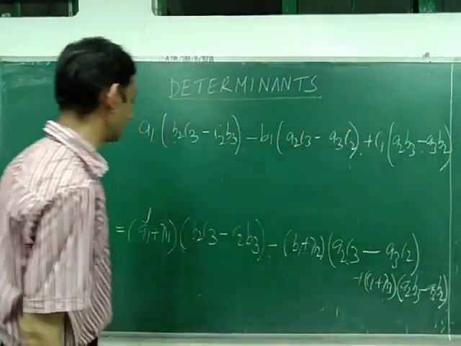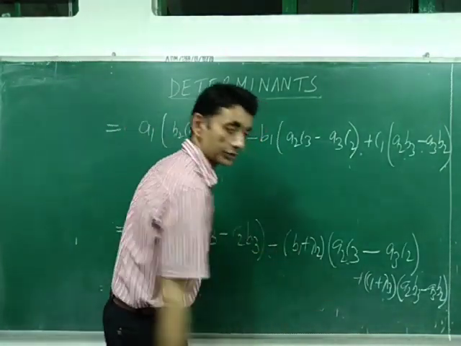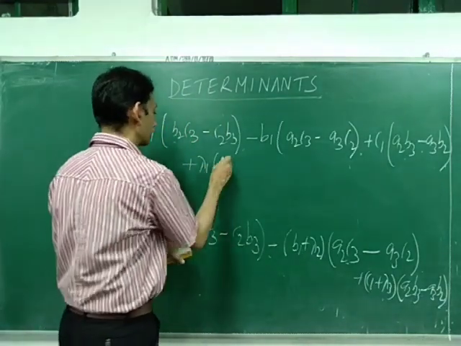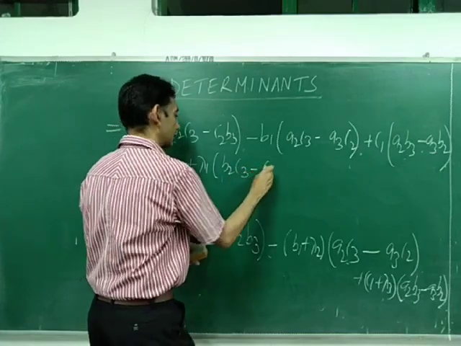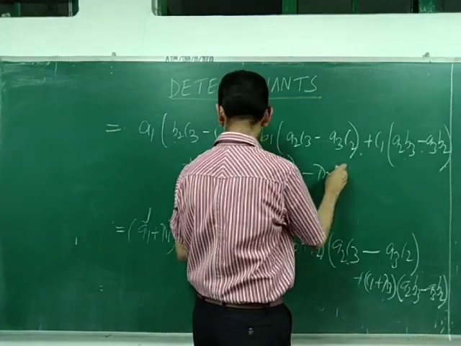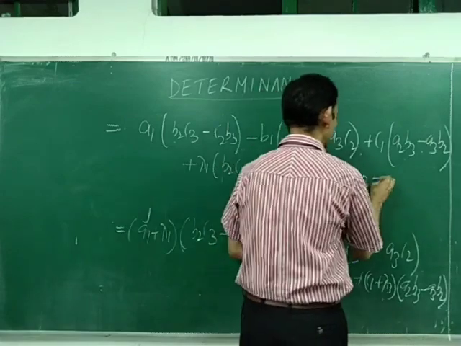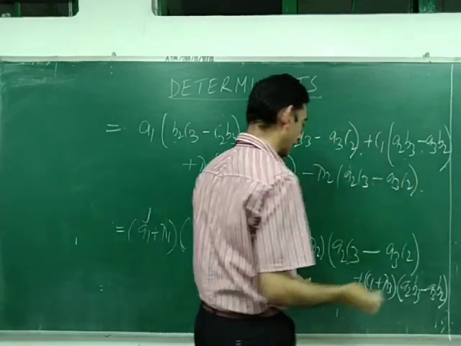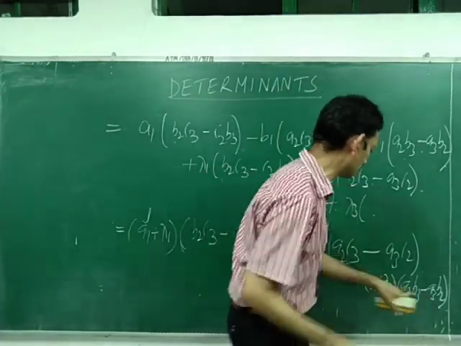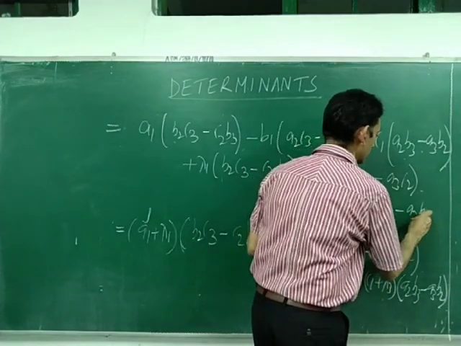Now what is left out? All the terms consisting of lambda 1, lambda 2, lambda 3 are left out. So I'll continue: plus lambda 1 times B2 C3 minus C2 B3, then minus lambda 2 times A2 C3 minus A3 C2, and the last, lambda 3 multiplied with A2 B3 minus A3 B2.